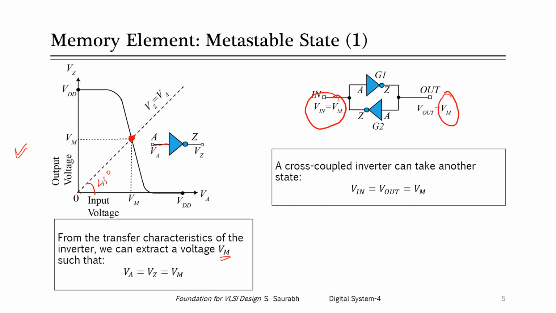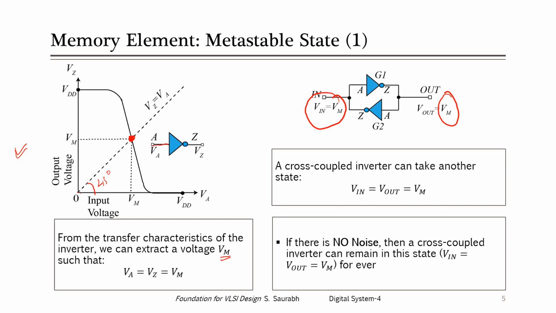And if the second inverter is implemented in the same manner and gets an input of Vm, then it will produce an output of Vm. So Vin equals Vout equals Vm is another state in which the cross coupled inverter can exist.